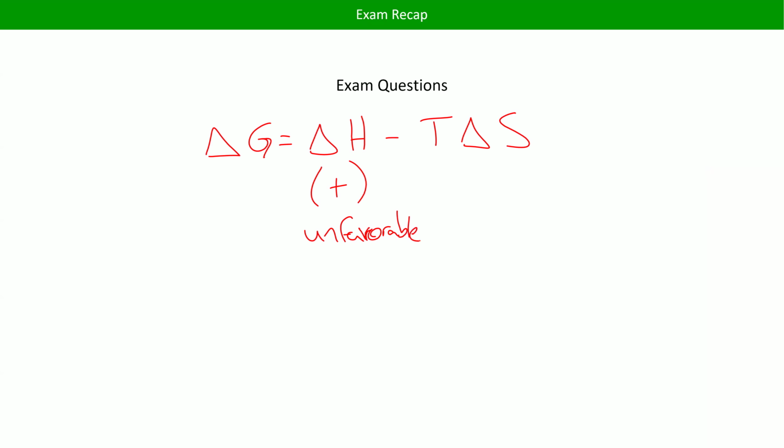Delta S is favorable, right? Because it's greater than 0, which with the negative sign means favorable. So if the favorable term gets bigger, K gets bigger. Or sorry, if the favorable term gets more negative, then that means that K is going to be larger.